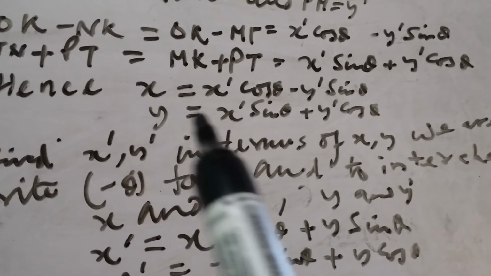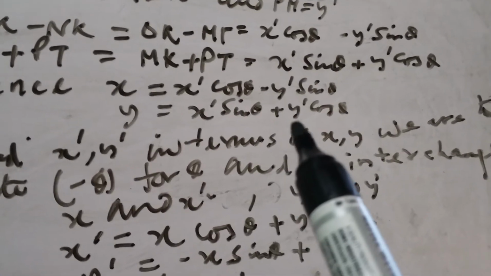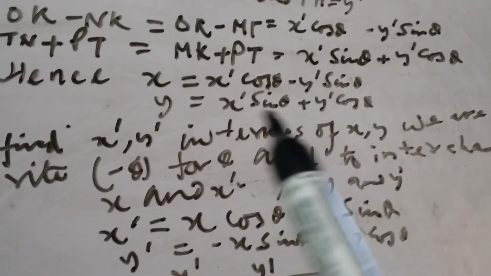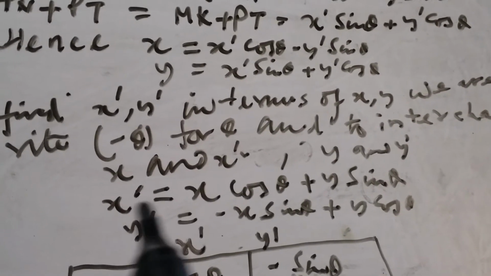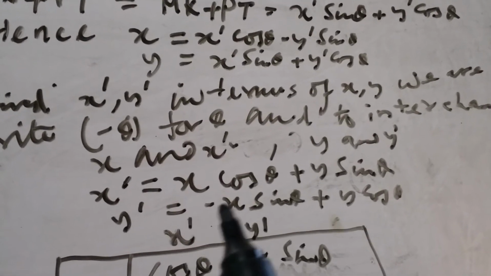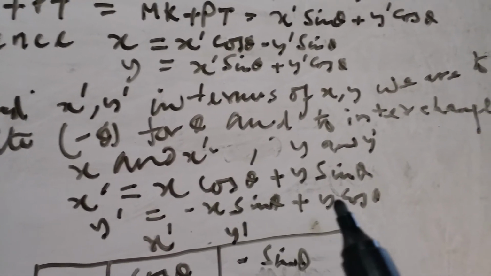So y is equal to x dash sin theta plus y dash cos theta. After solving, you get x dash equal to x cos theta plus y sin theta, and y dash equal to minus x sin theta plus y cos theta.